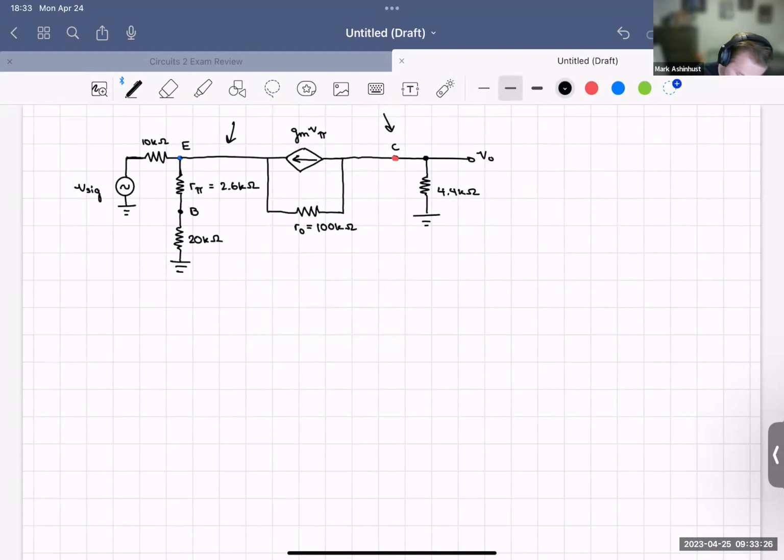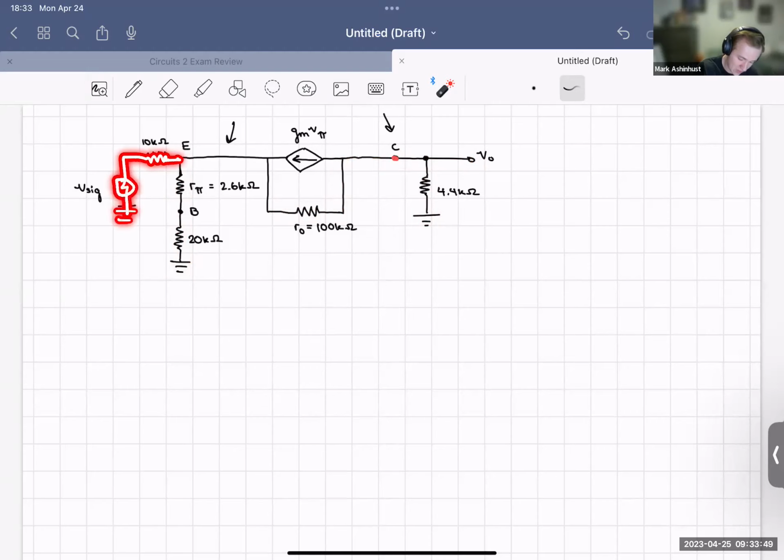How we wrote it out before, we had the V out, that current here, and the current going out here. We're going to do that, but on the other side now. So we have our voltage at E. It's going to go down over this and then over the 20K as well. So that's 1. And we'll have E over the 10K.